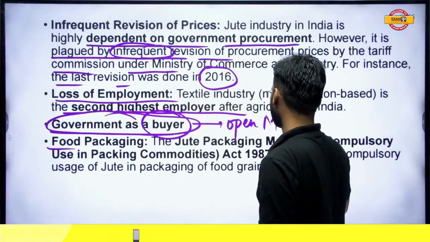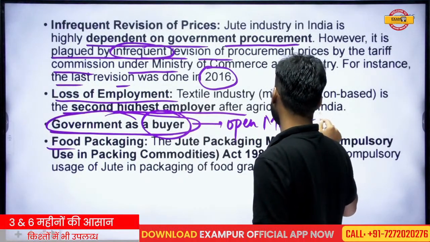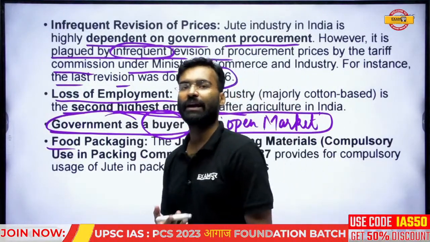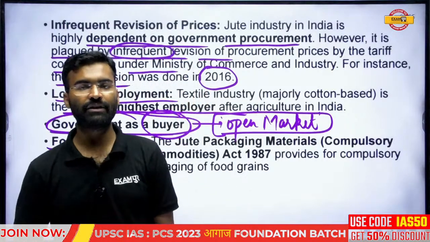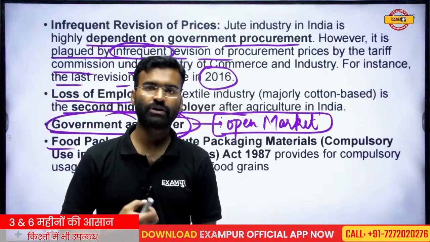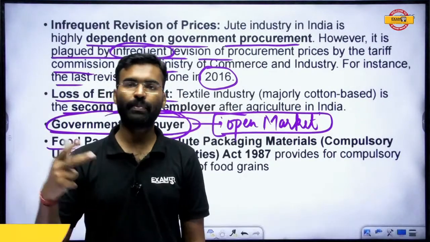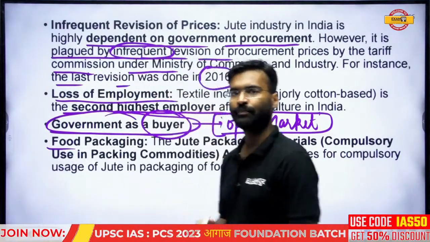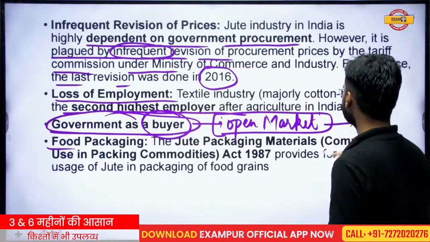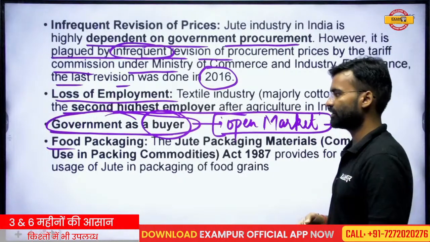If you provide such infrastructure for the farmers, then they will get a suitable price for their products. This benefit will motivate them, and if the farmers get motivated, they will produce more and overall production will increase.